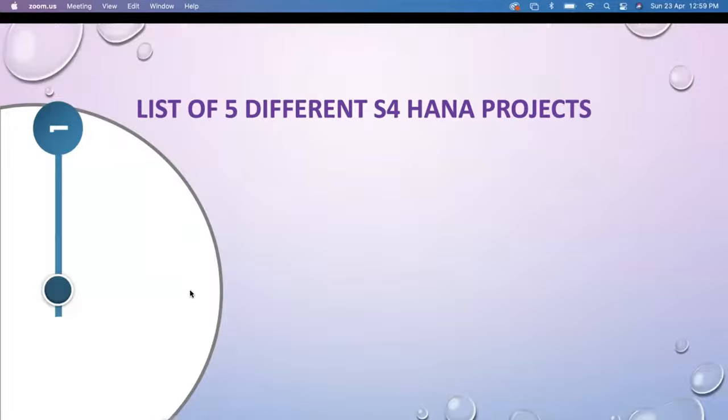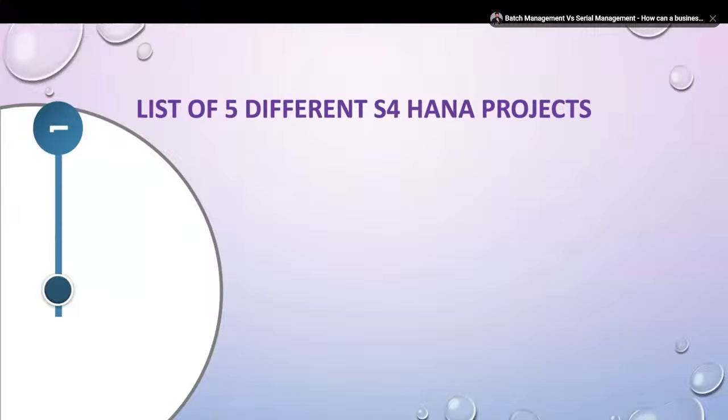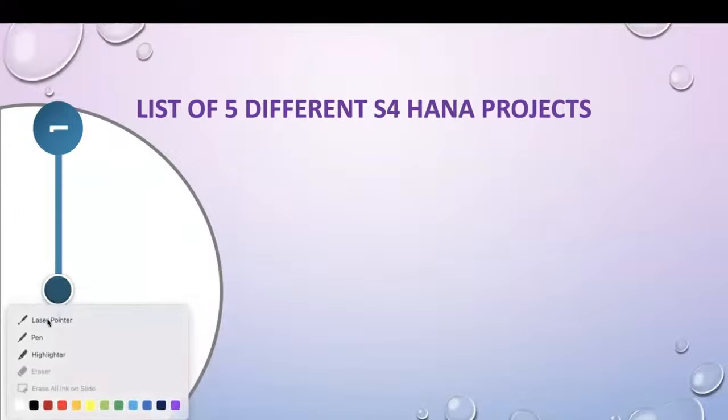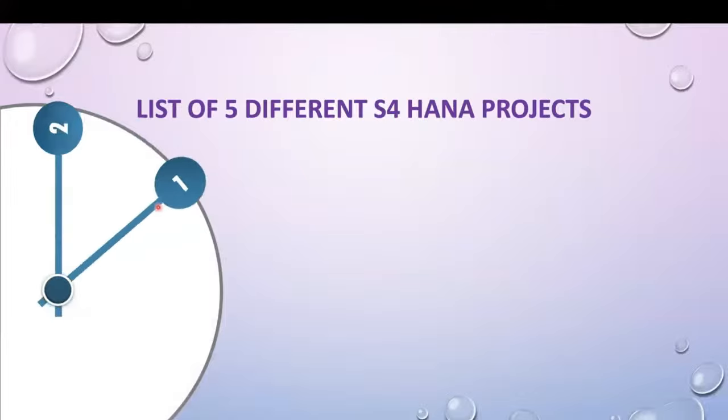So here, if you see, the first one is greenfield implementation. Any company, for example a new startup or a branch of any other company, has started a new business.